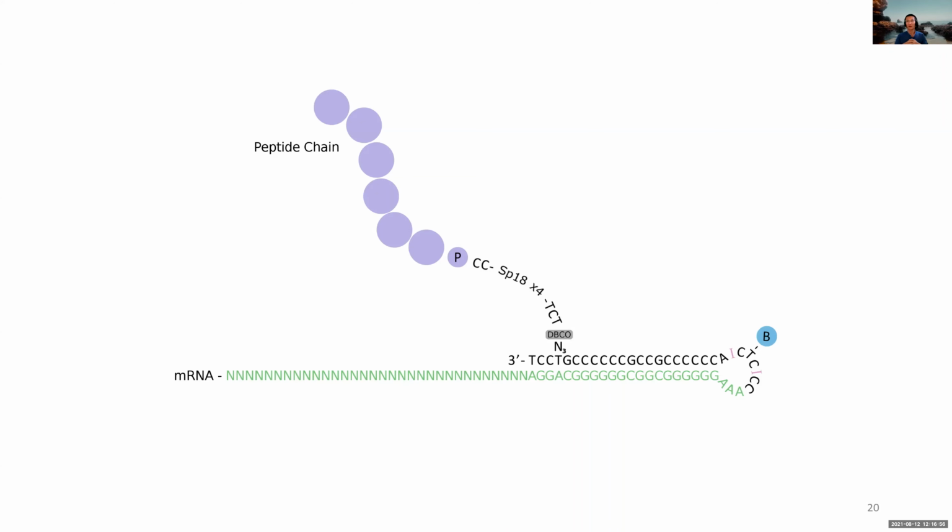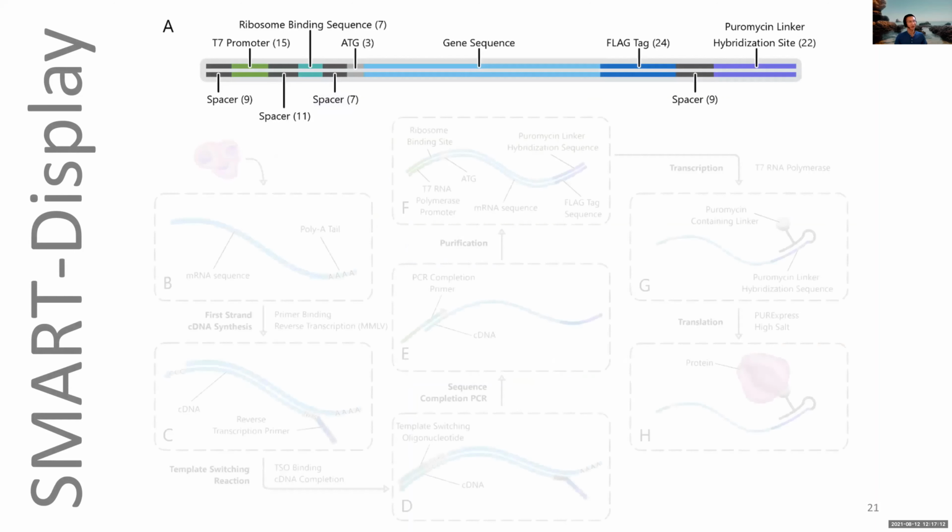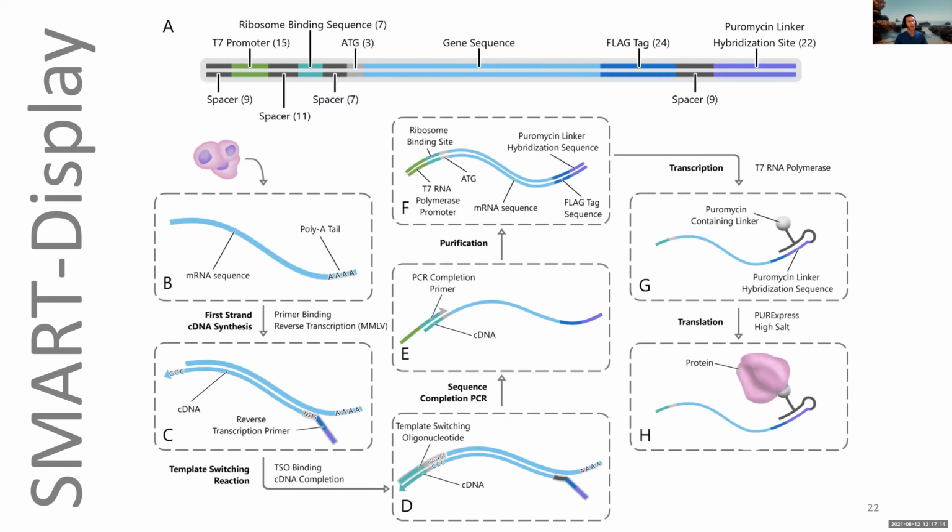The innovation that Kara makes is to translate this protein display process into a way that can systematically display as many genes as possible. So in Kara's setting, in the smart display process, her input is the entire messenger RNA library retrieved from input cells.